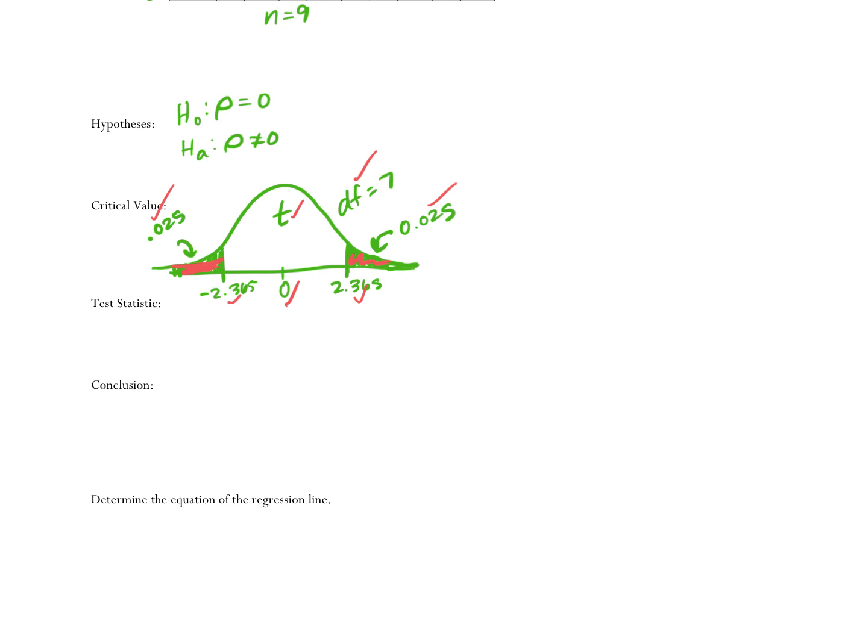What you're going to want to do is make sure your X list is L1 and your Y list is L2. You're going to make your alternative hypothesis match, so you're going to select the not equal to. Yeah, just leave that blank.